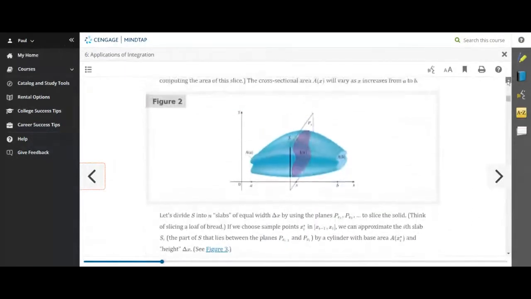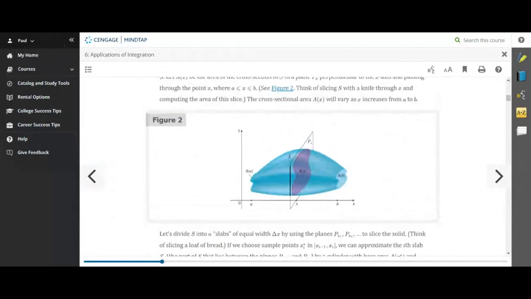Okay, you see here in figure 2, you have a solid. It looks like a loaf of bread, doesn't it? The solid is parallel with the x-axis, and it goes from x equals a to x equals b.